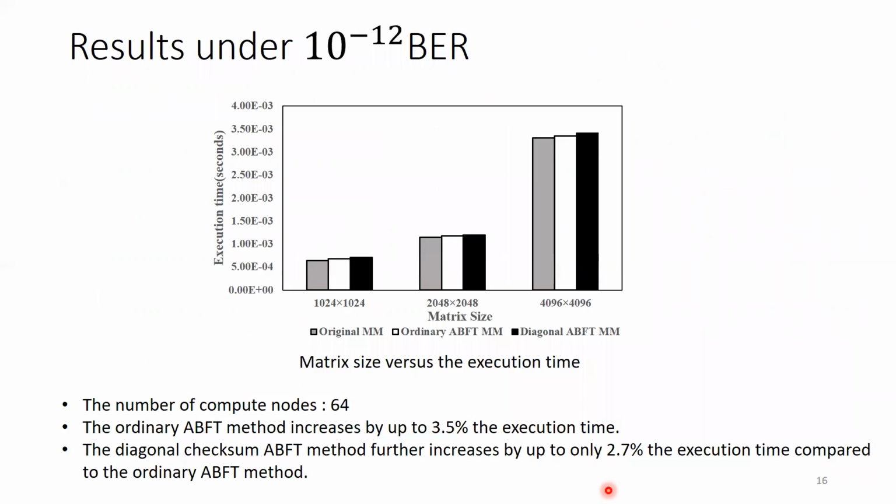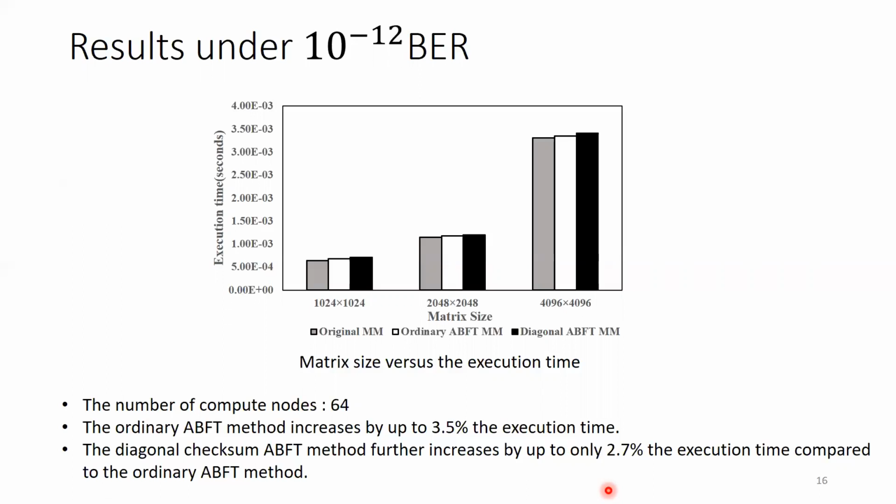This figure shows the execution time of matrix multiplication under different matrix sizes when the bit error rate is 10 to the power of minus 12. The number of computer nodes is 64. The ordinary ABFT increased the execution time by up to 3.5%.